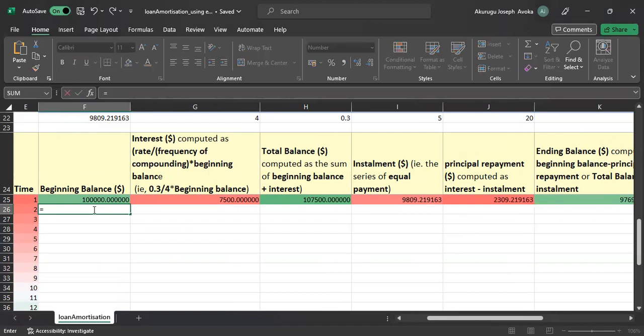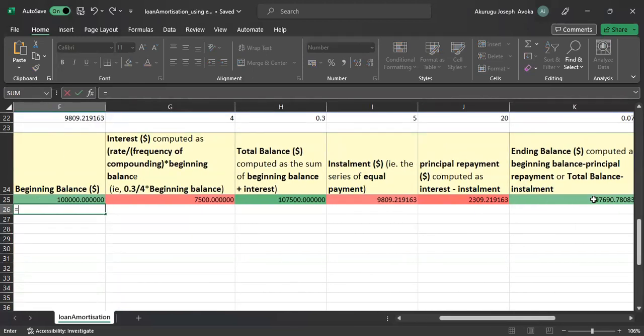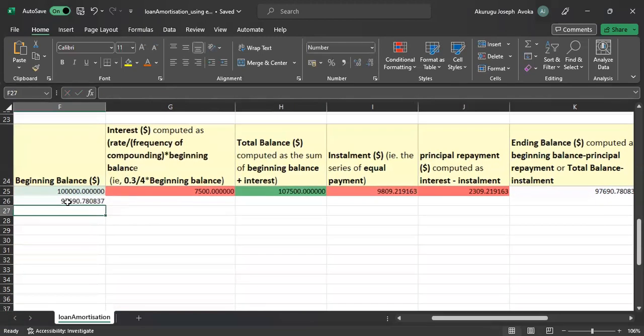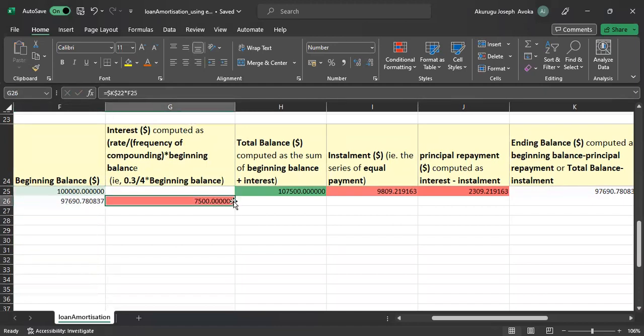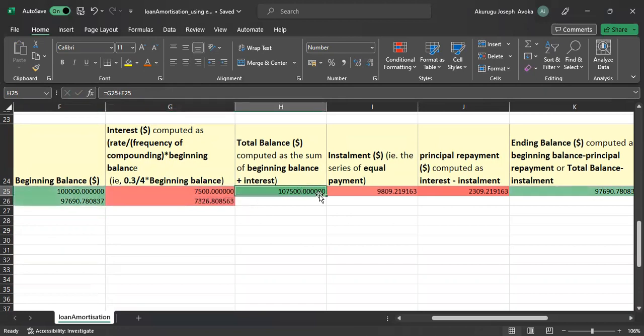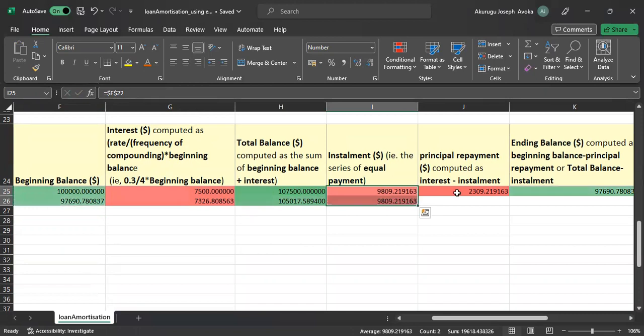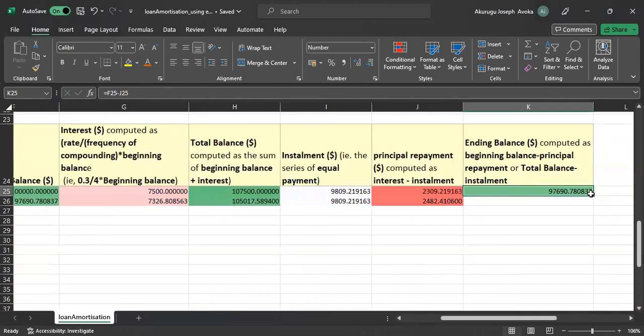So this one becomes the value for this one as the beginning balance. Then I can drag this across, and across again, and again.